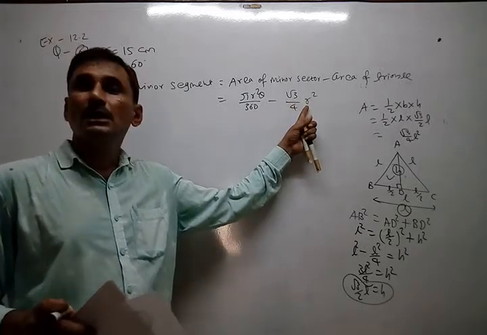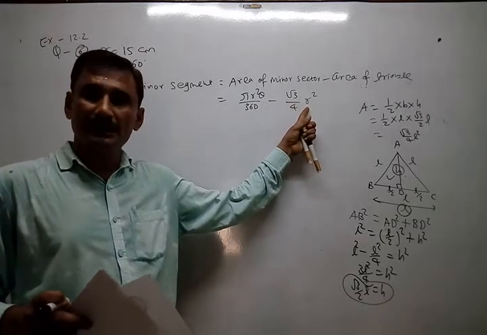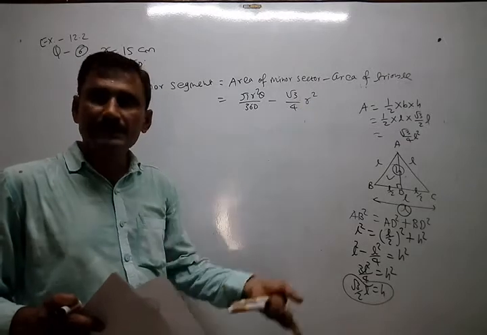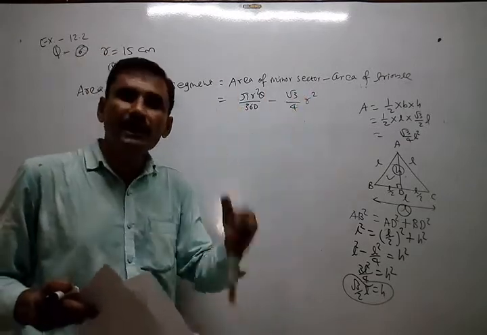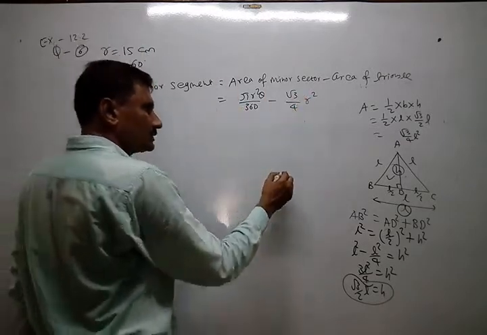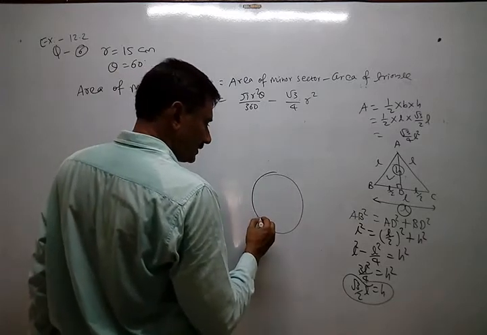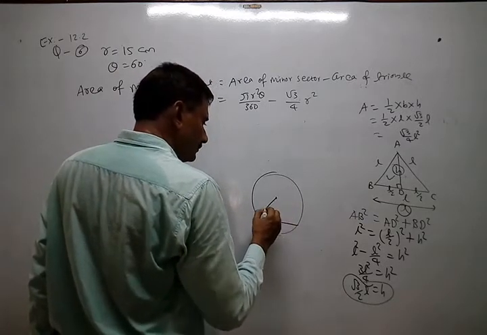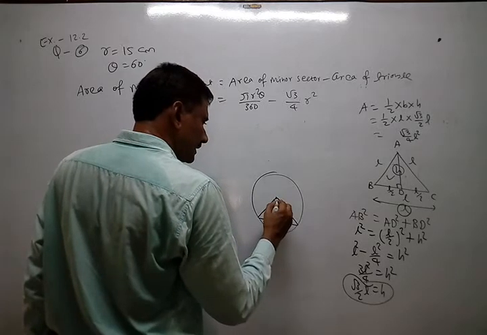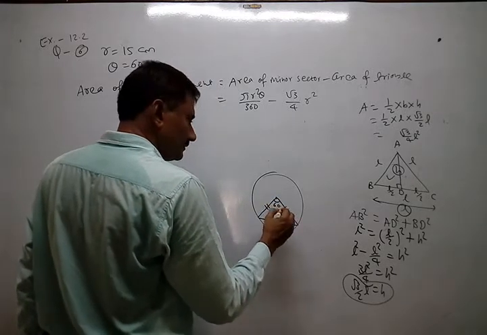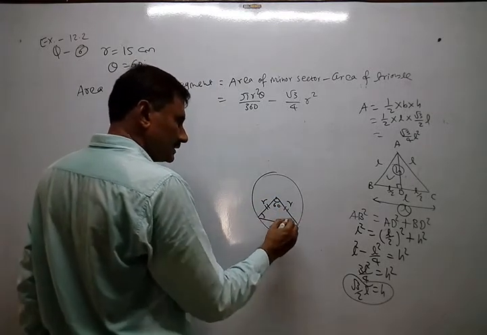Here, the side length of the equilateral triangle is R, the radius itself. So I have written R. Now, why is it an equilateral triangle? That we also discussed yesterday. If 60 degrees angle is formed and two sides are equal because they are R, then two angles are also equal.